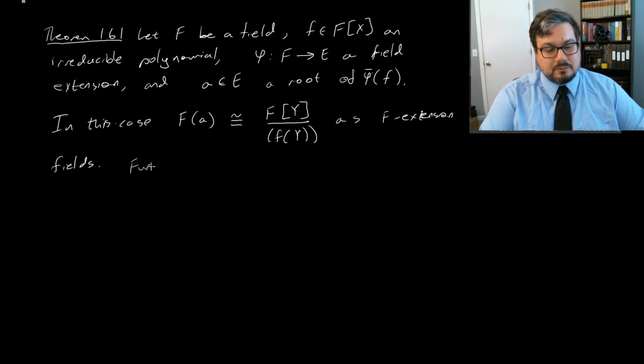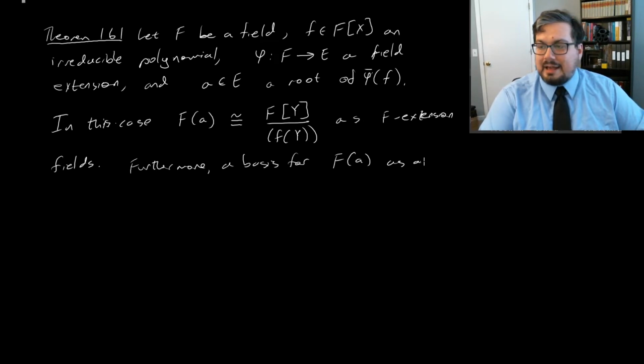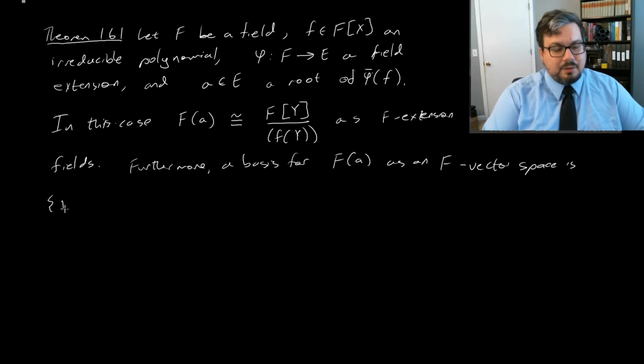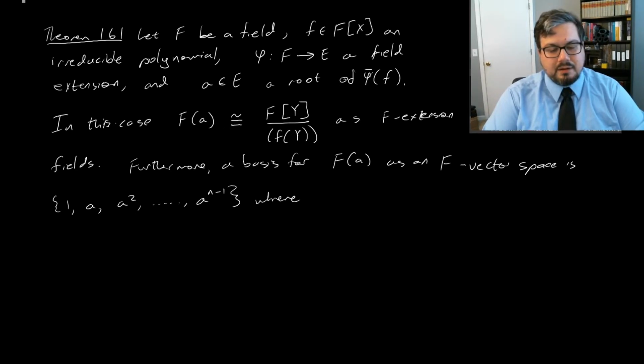Furthermore, we can say more. A basis for F of a as an F vector space is given by 1, a, a squared, etc., a to the n minus 1, where n is the degree of f.